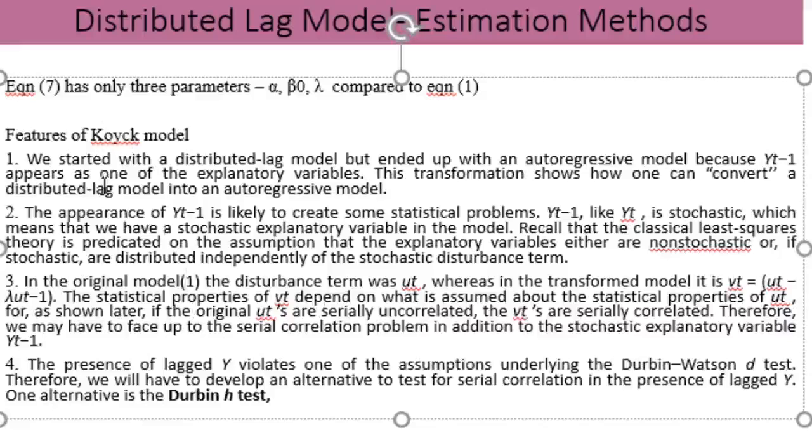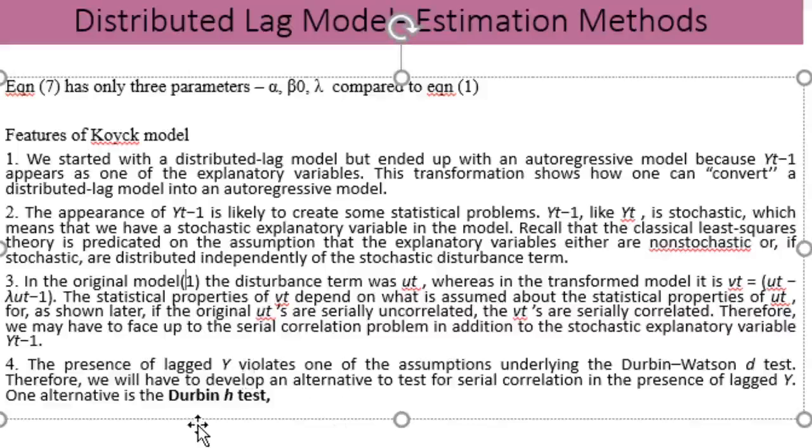That is, the first important feature is that we started with a distributed lag model but ended with an autoregressive model. Second, yt minus 1 is stochastic. That also creates problems. Third, the error terms may sometimes be correlated. The fourth is that the presence of lagged y violates one of the assumptions underlying the Durbin-Watson d-test.